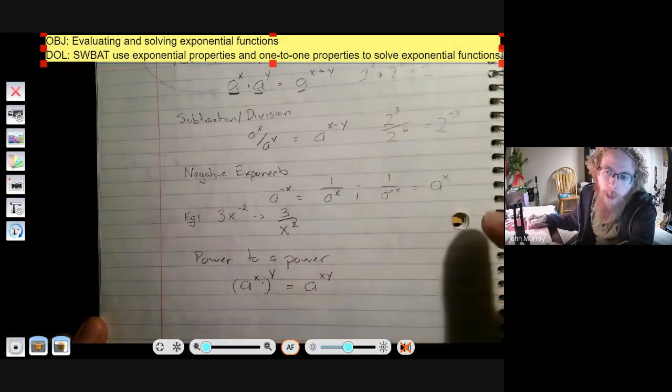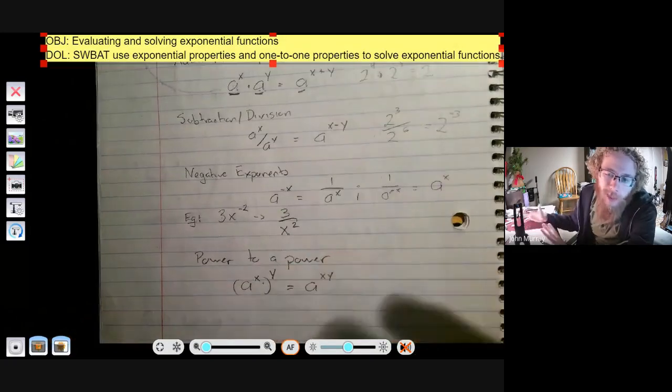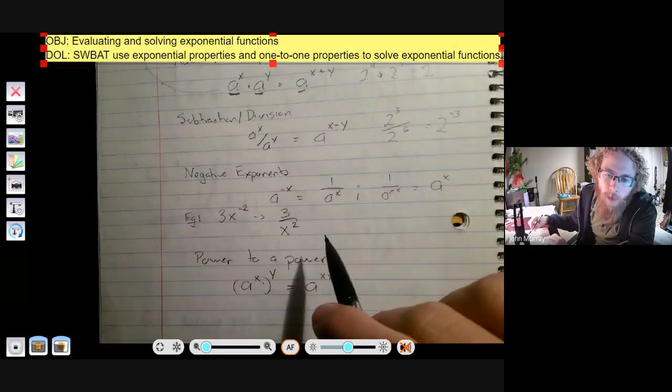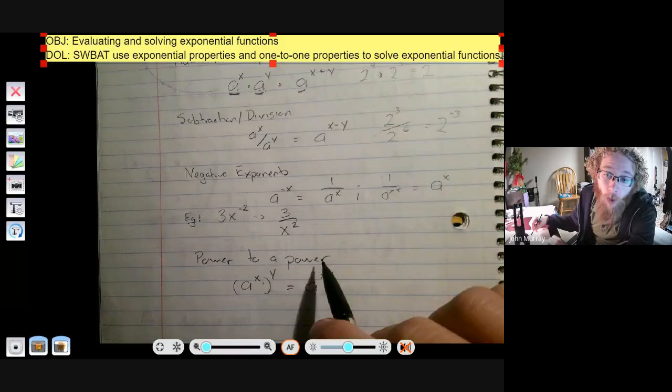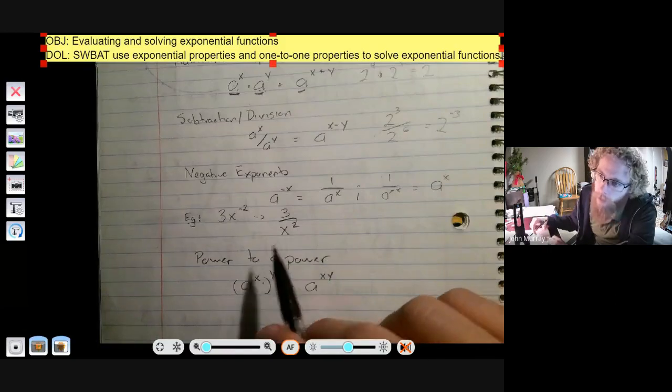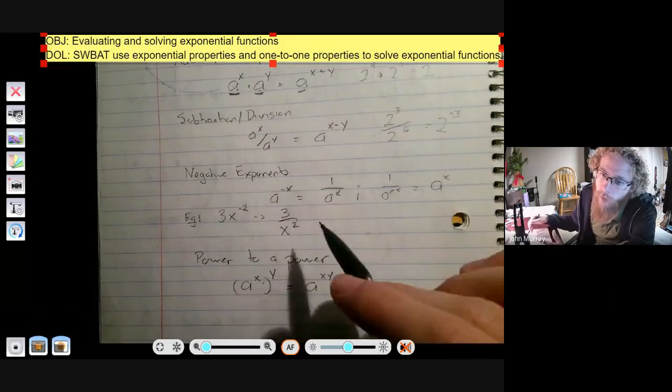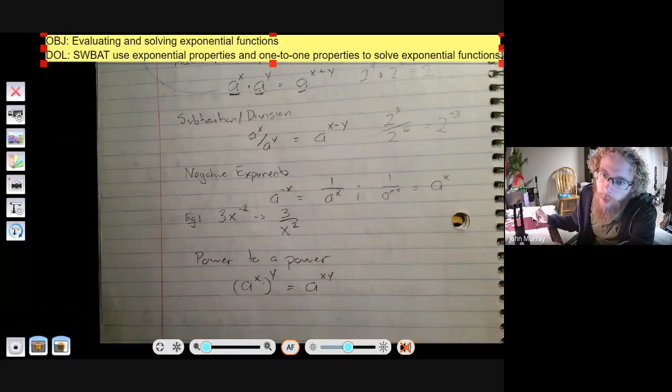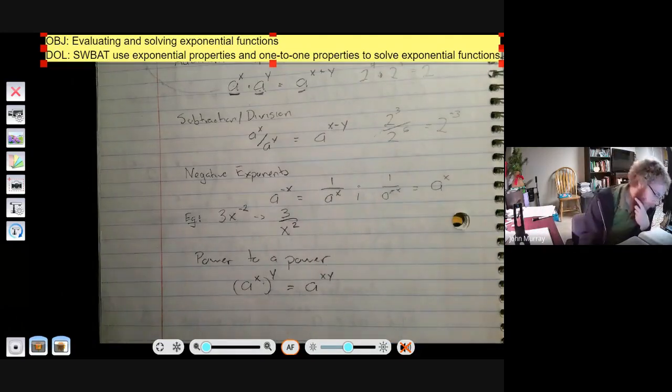If any of these exponents happen to be negative, then in math, we don't like negative exponents. They're kind of undesirable. So whatever we have, we like to simplify so that we don't have negative exponents. Is there anything else? Before I move on, I don't think so.